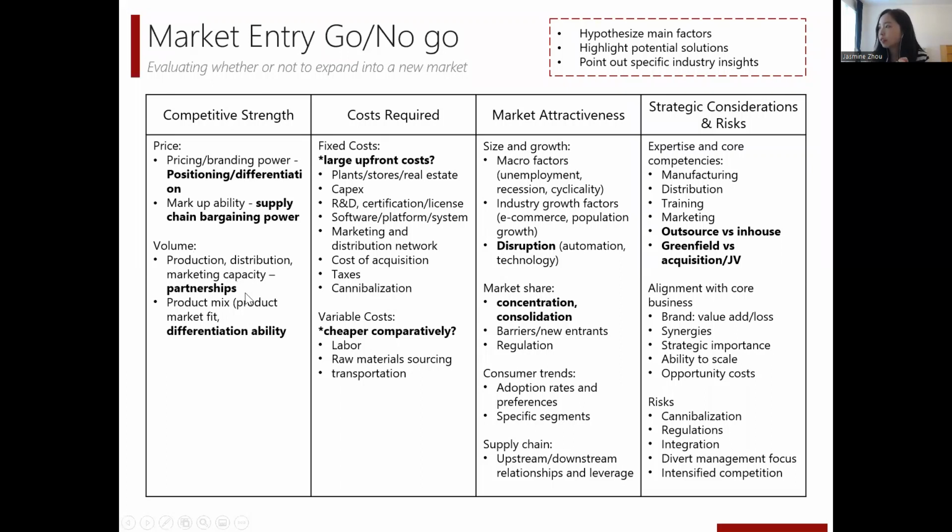So for this one, the sub buckets are more or less the same throughout. For costs, you're looking at fixed costs. Are there any large upfront costs required? And then for variable costs, the main question that you're asking is: is it cheaper in these new markets comparatively to what we're already achieving in our current market?